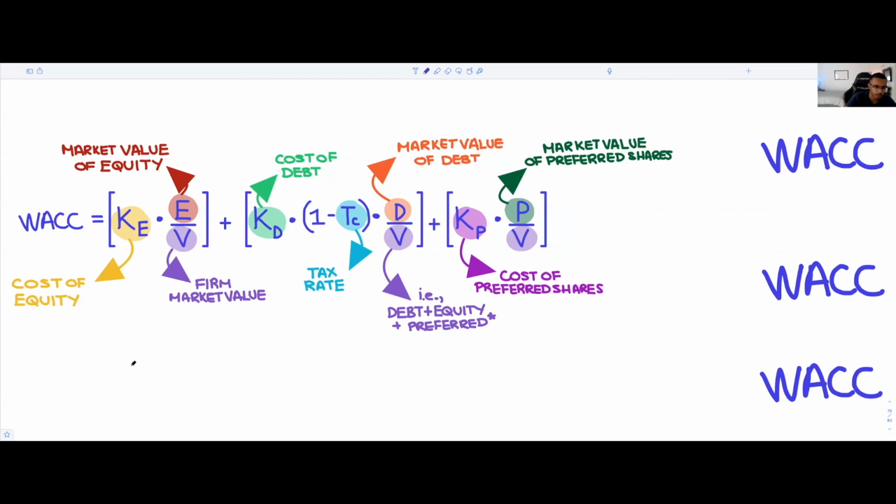There you go. V is equal to E plus D plus P. In this case, our value will be equal to 61.092. I'll just write it out as a whole.